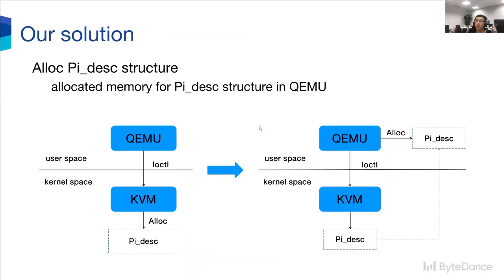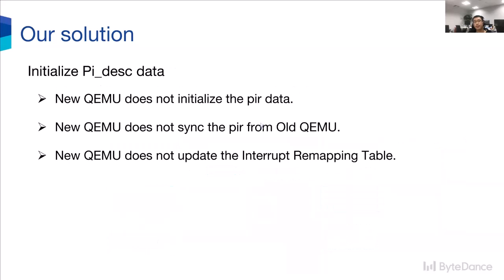This picture shows PI descriptor data initialization compared to the original KVM design. In order to share PI descriptor data, in the new QEMU we allocate memory for the PI descriptor data structure in the QEMU. There are three key points for PI descriptor structure initialization in the new QEMU.